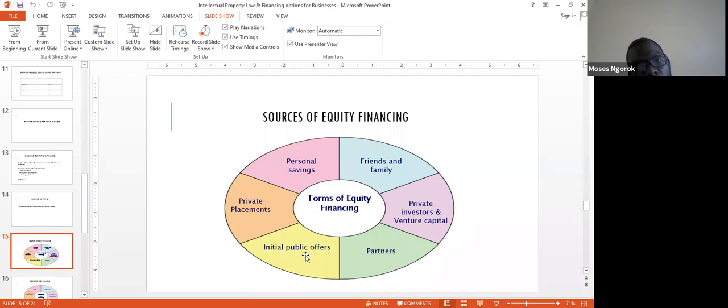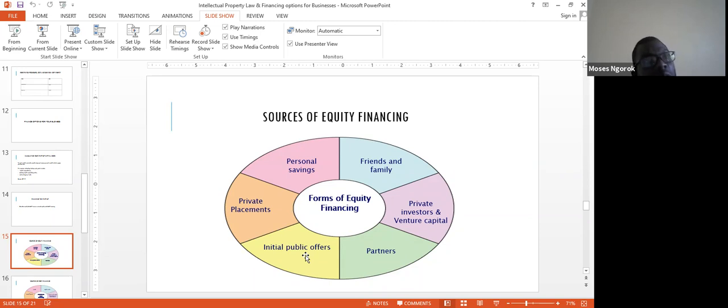The other one is, I'm going to skip over and look at private placements. Private placements is where, as a business in Uganda, for example, you're allowed to have between 1 and 100 shareholders. So sometimes, if you don't have the resources, you can go out to the public.